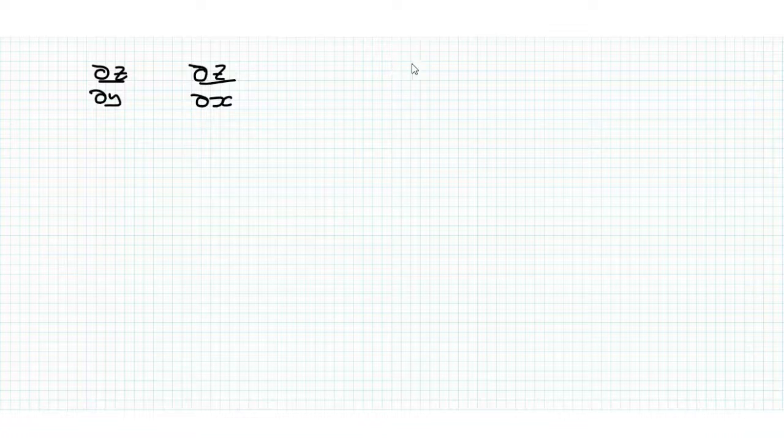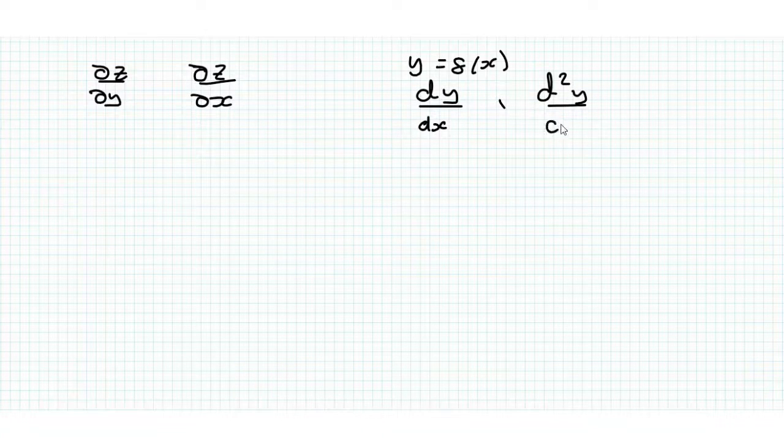Now, when we've got a function y equals f of x, we know we can find dy by dx, but we can also find d2y by dx squared, and so on. We can find further derivatives, so we want to see how we can do that for partial derivatives.